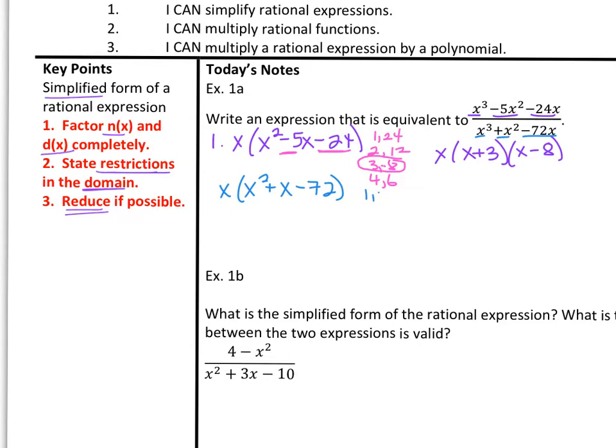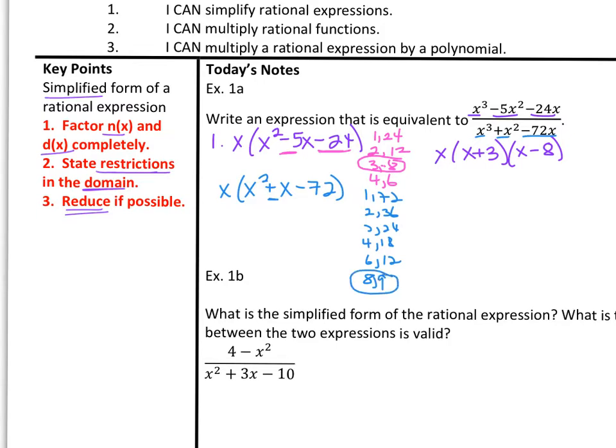I know 1 times 72, but that wouldn't get us anywhere near that 1x in the middle. 2 and 36, not even close. 3 and 24, 4 and 18, 5 doesn't go into 72, 6 and 12, we're getting closer. 7 doesn't go into 72. But check this out, everybody. 8 times 9 equals 72. And I think we could work with them.